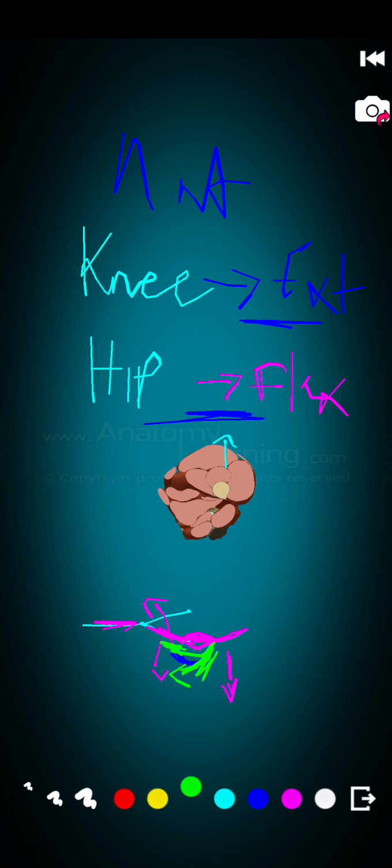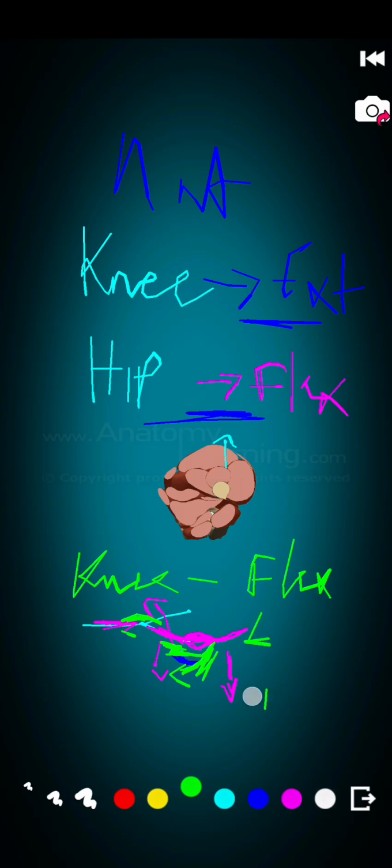So on the knee joint, these guys are flexing because they're reducing the angle from the back. But at the hip joint here, if they contract, they're increasing the angle that's here, meaning they are extending the hip joint. So it is the exact opposite.